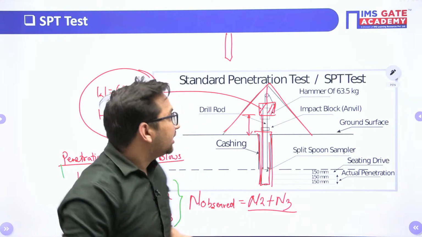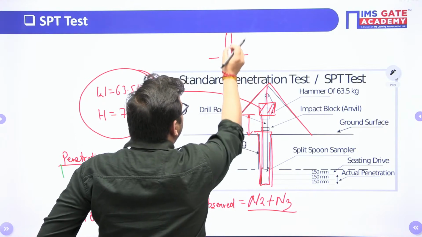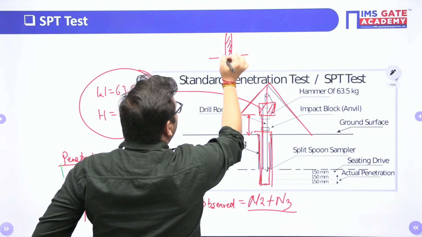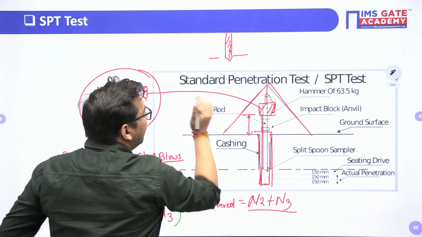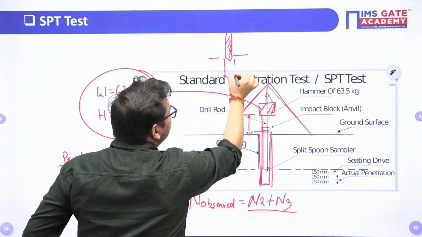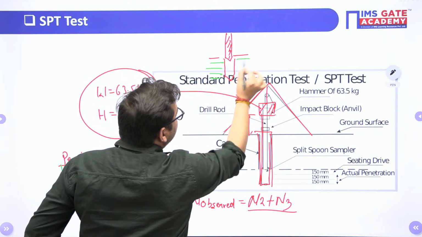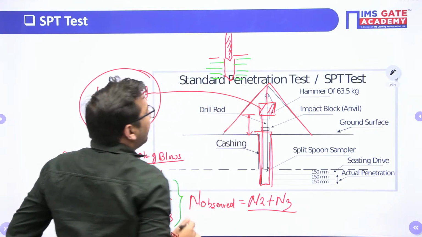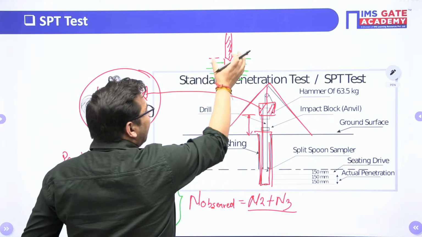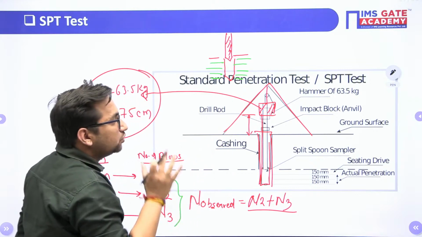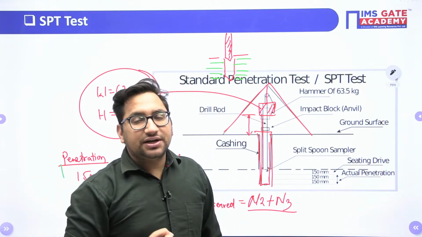It means initially this split spoon sampler will get easily penetrated. But at a greater depth, what will happen? There will be soil inside of this sampler, which will apply an overburden pressure over this. Due to that, its penetration will decrease, right?